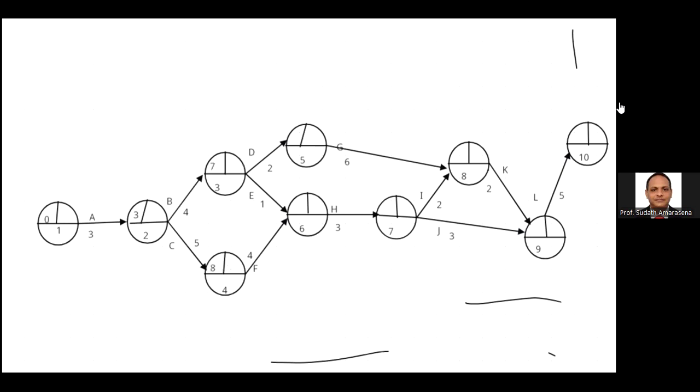Then sixth event, 2 paths: 7 plus 1, 8. 8 plus 4, 12. 12 plus 3, 15.